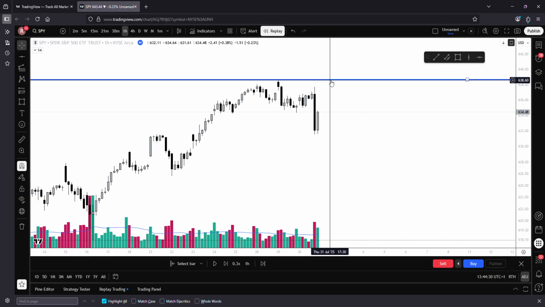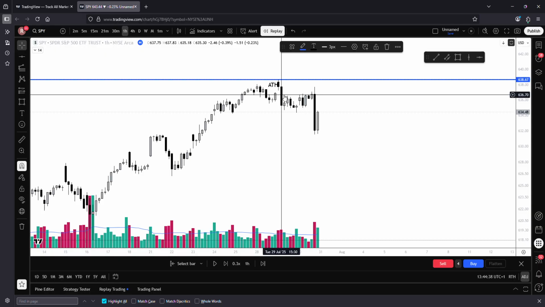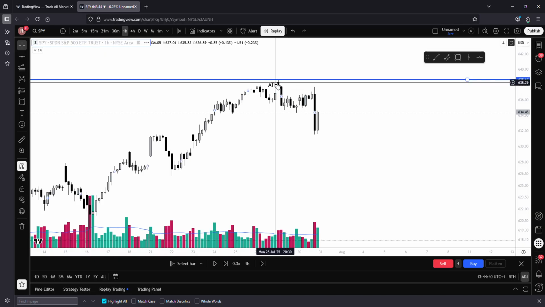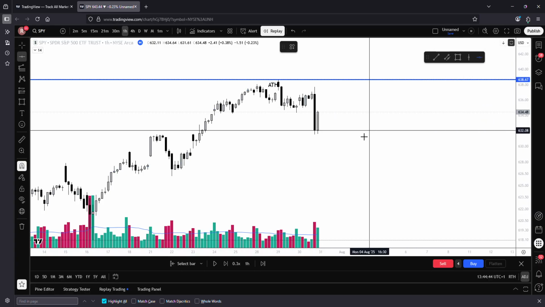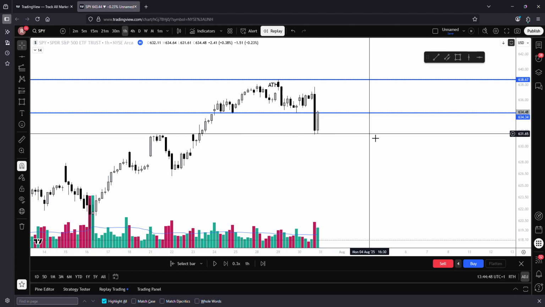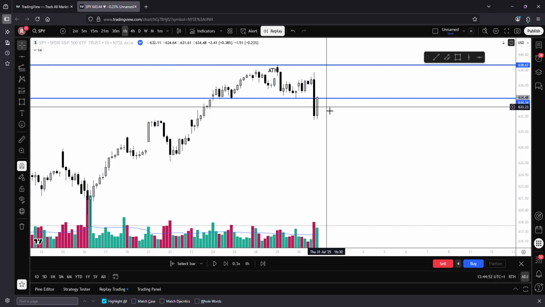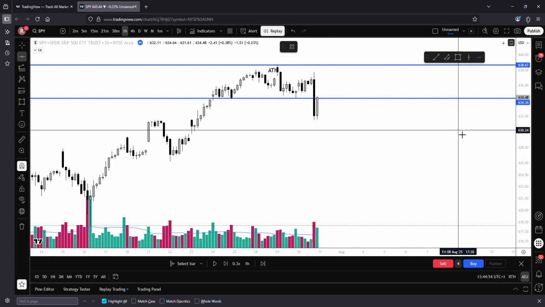Remember, with these you can also click on and add some text, so if you want to remember what they are through the day, you can add a little text on there. We're just going to mark off a couple more of these levels here. Again, ones that have been support, and then resistance at the end of the day yesterday.